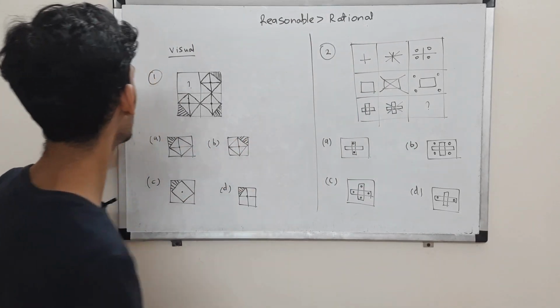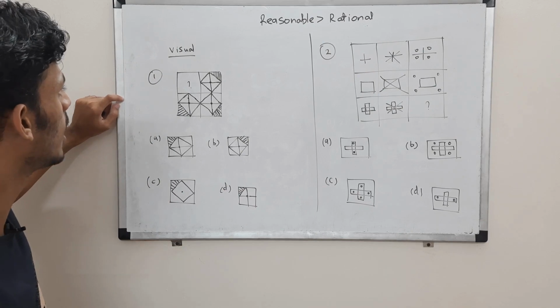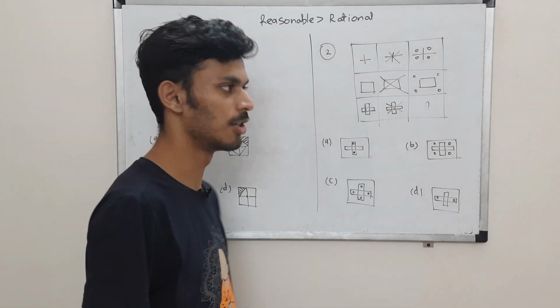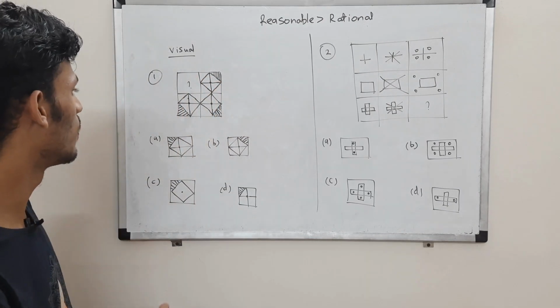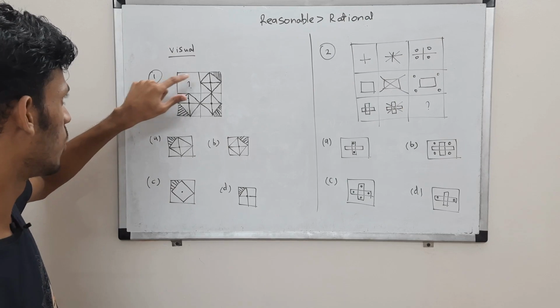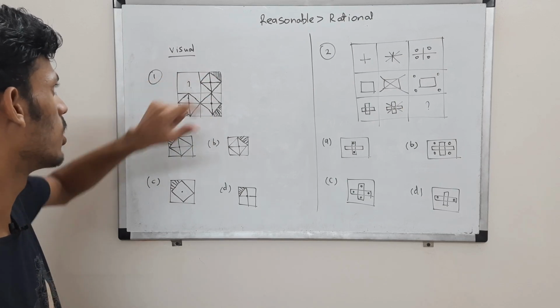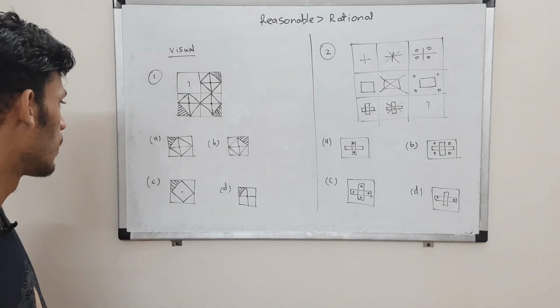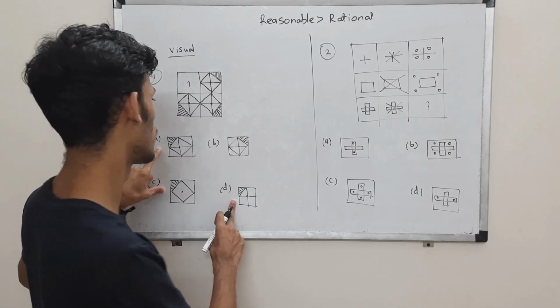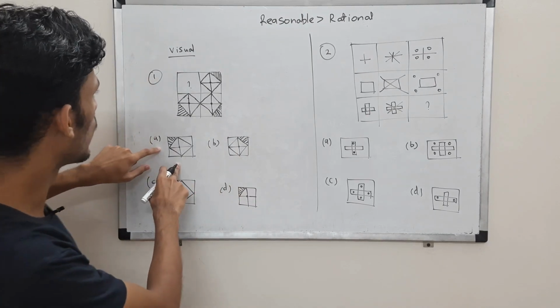So let's begin. Question number 1. Here you are supposed to tell what the missing part is. You are supposed to complete it using symmetry. My figures are not precise, but you can make out. Here you can see that the top corners and the bottom corners should be colored. So either this or this. The top corners. So I think this one, right?